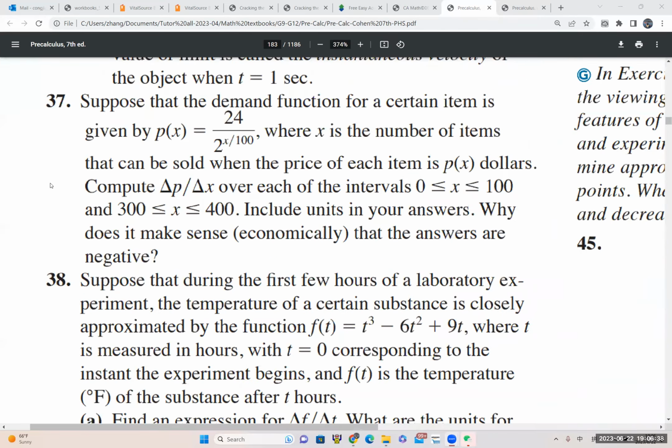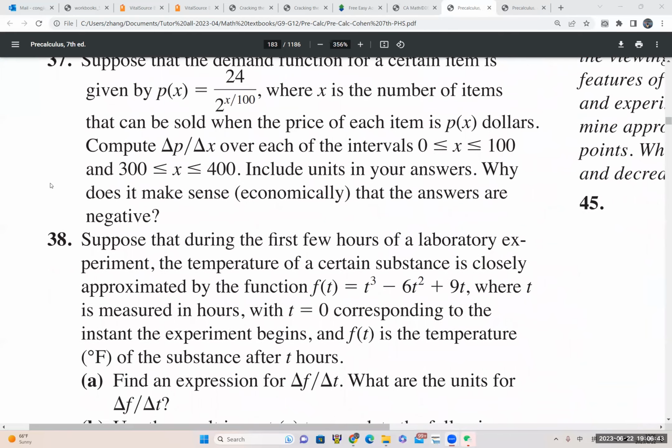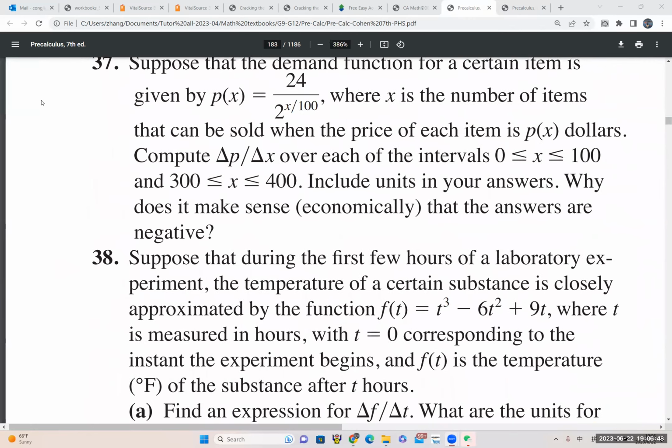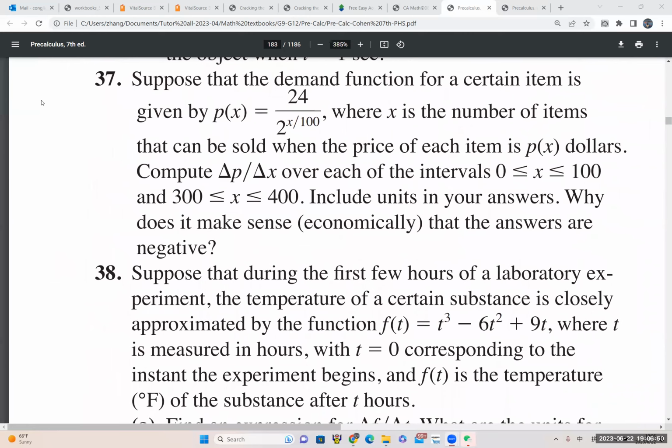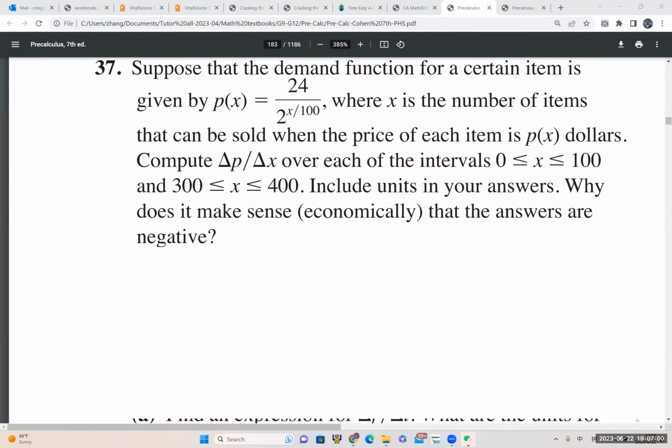Good thing is here we don't have drawing. Suppose that the demand function for a certain item is given by this.